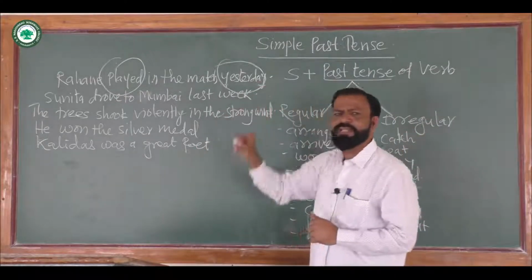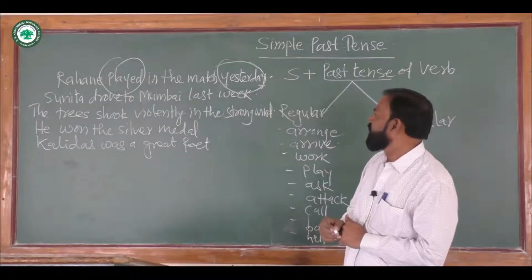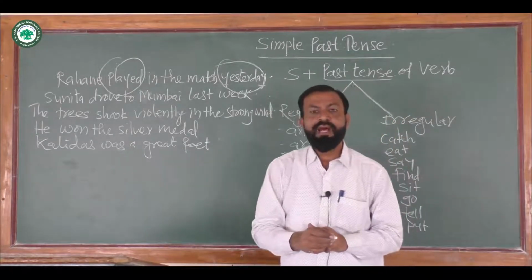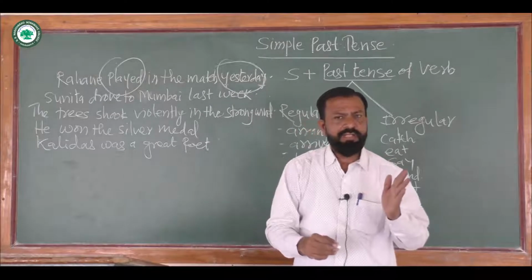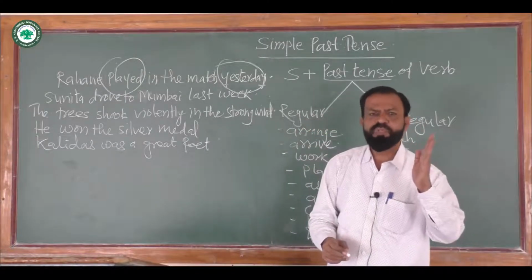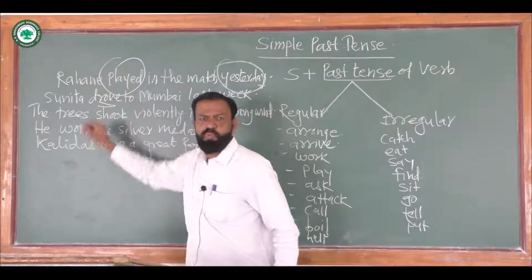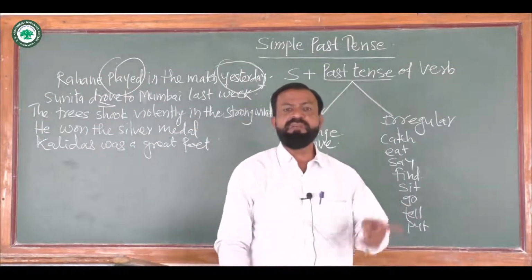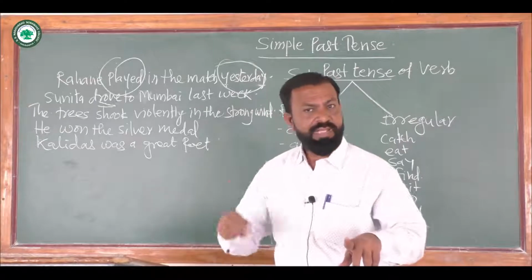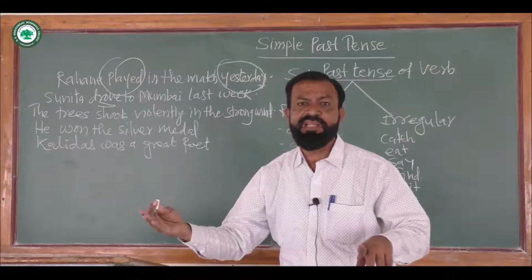In the second sentence, Sunita drove to Mumbai last week. Here the subject is Sunita and the verb is drove, which is the past tense of drive. Again it is an irregular verb.